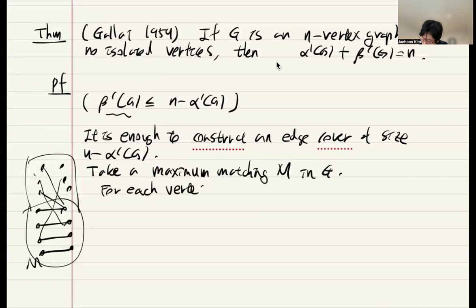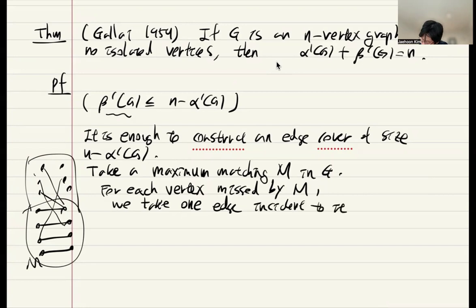If your vertex is outside of this M, which are vertices not covered by M, what we do is we take one edge incident to it.